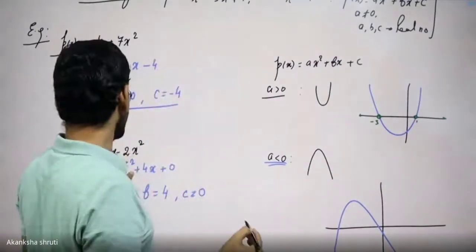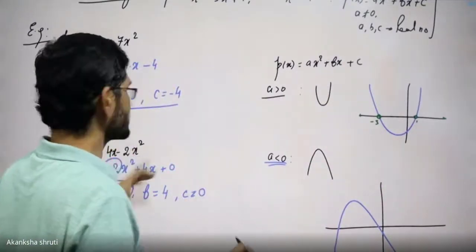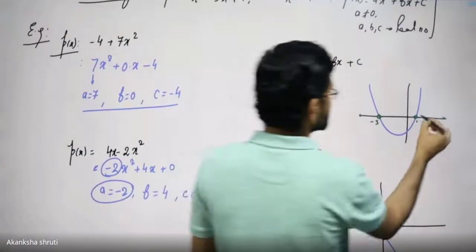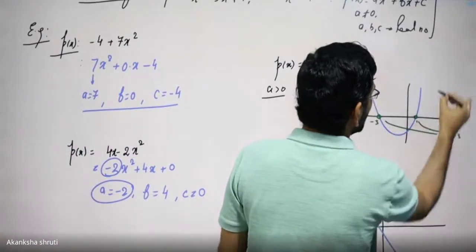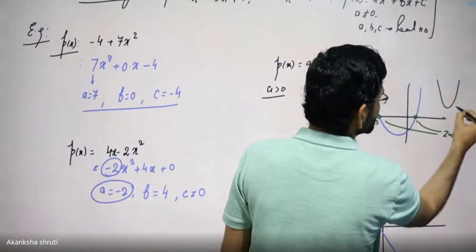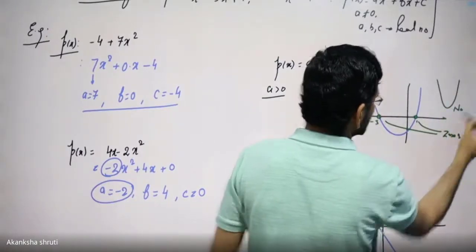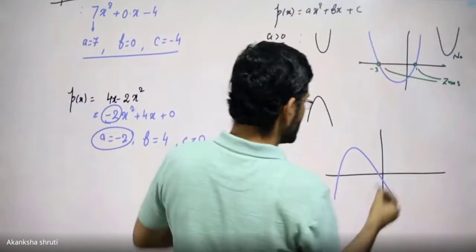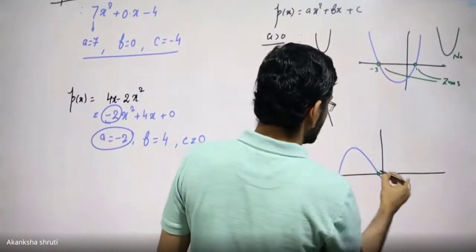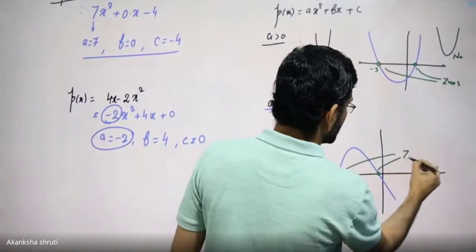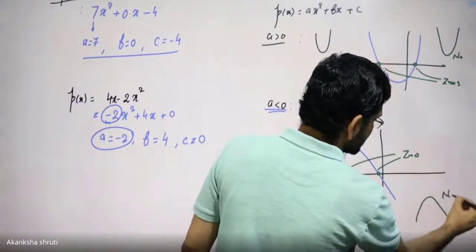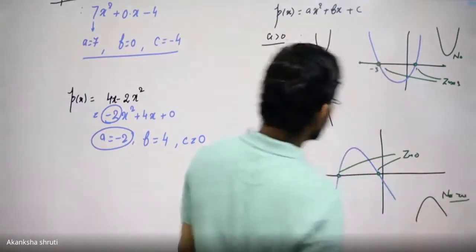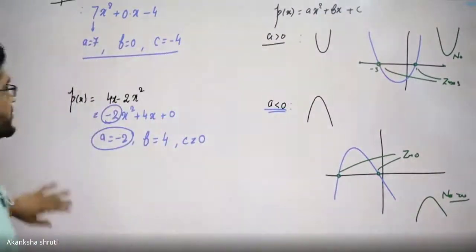Zeros means the value of x which makes this equal to 0. But if the graph is like this, then there is no zero. Similarly for this one also, this point will be for the zeros. If the graph is downward, here, then no zero. Students, this is the graphical representation.